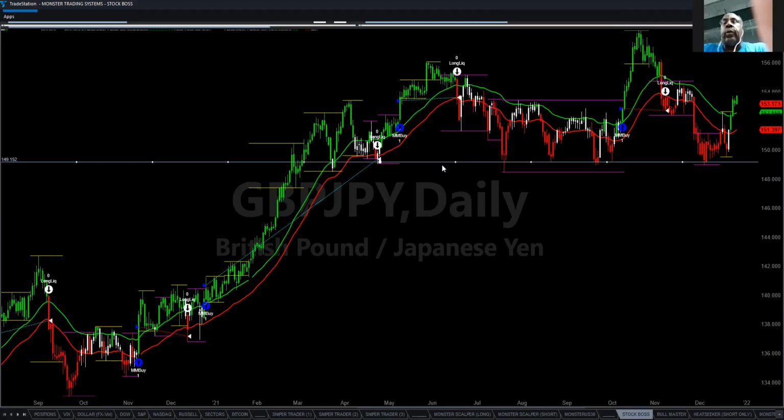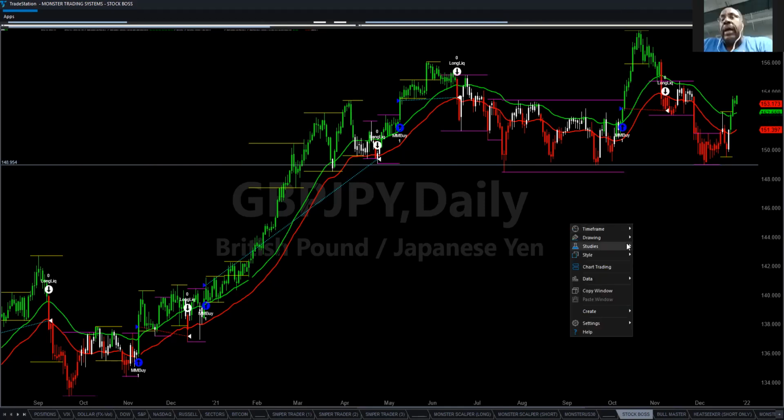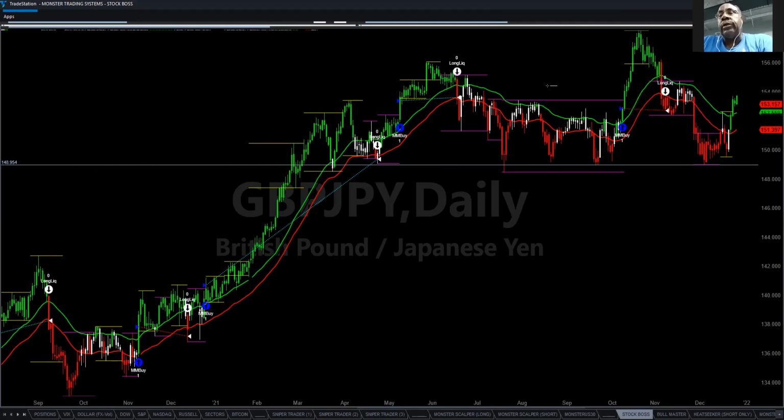The reason why I went back and looked at a full year, I was like, man, I've only traded the pound yen maybe about 2 or 3 times over the year, and I really missed some huge opportunities. That's why I was looking at it again on the 1 year chart. I know in the 4 hour, it's a buy signal.